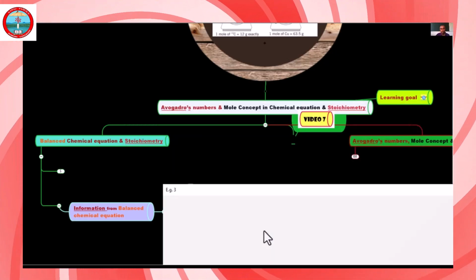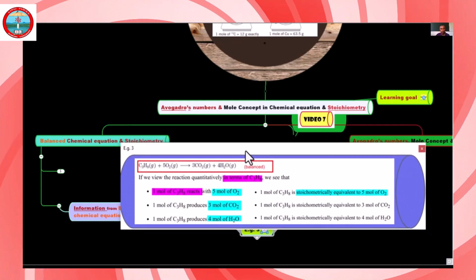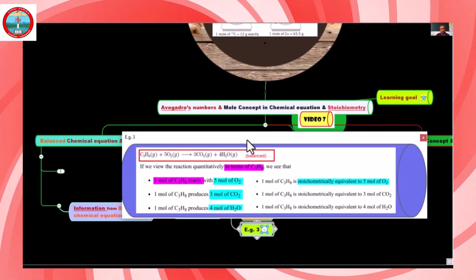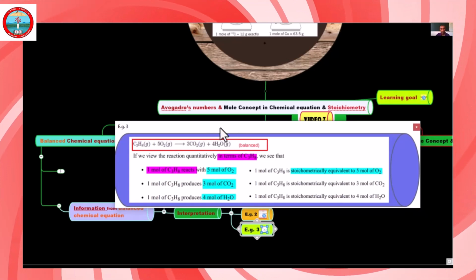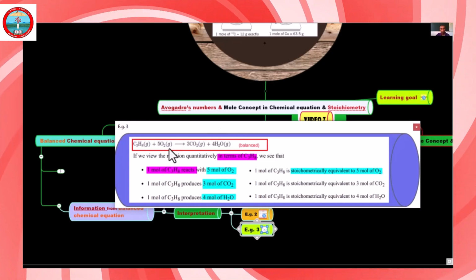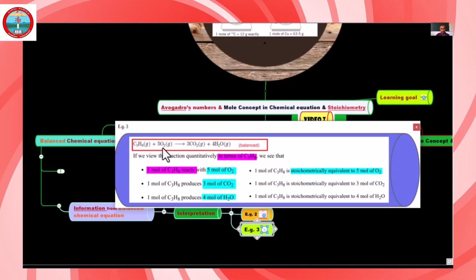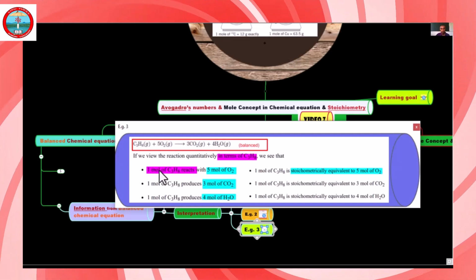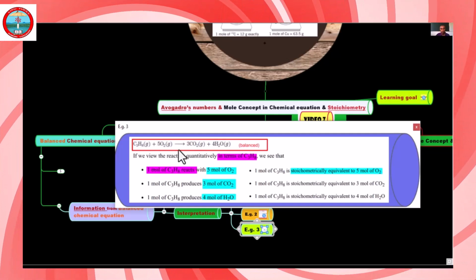The third example is the reaction of propane with oxygen to produce carbon dioxide and water. After checking that the chemical reaction is balanced, we can say that 1 mole of propane reacts with 5 moles of oxygen.